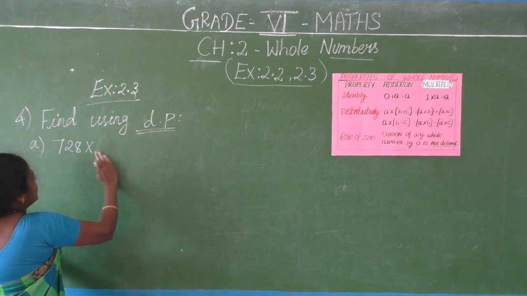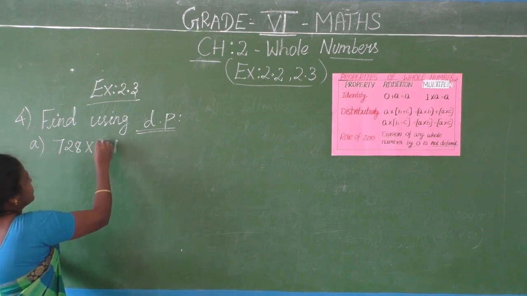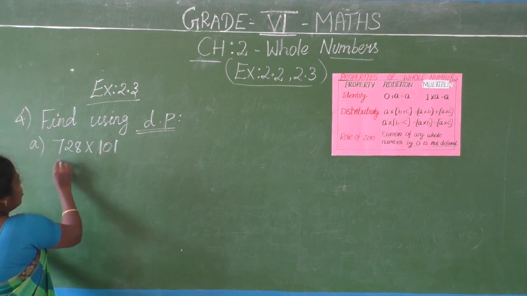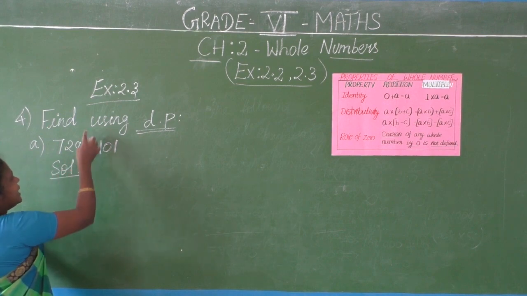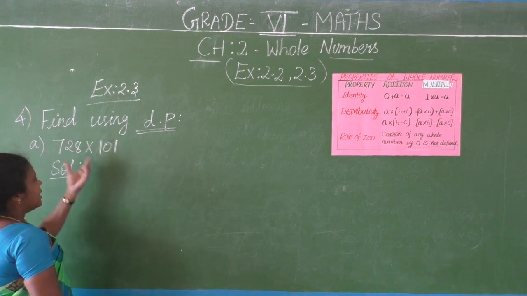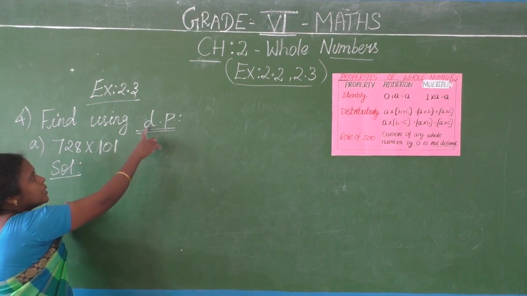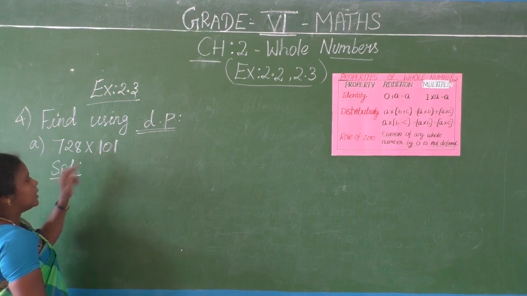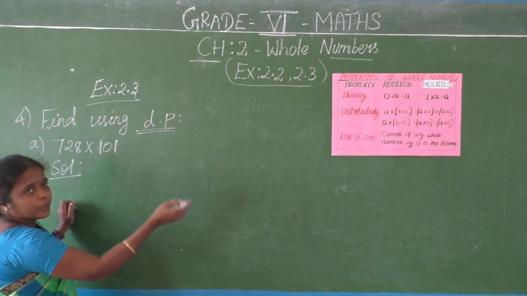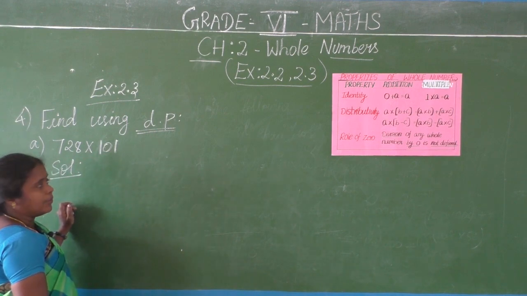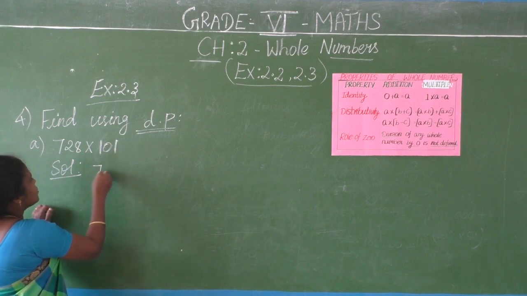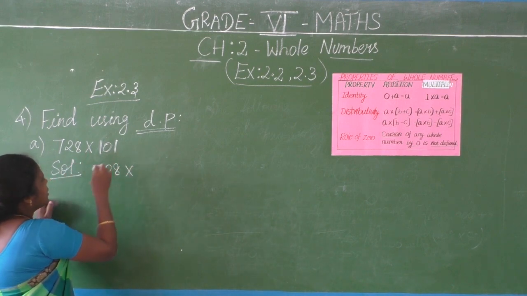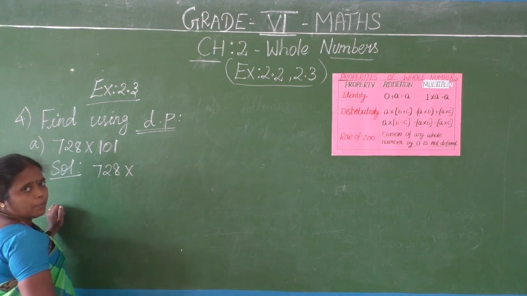What to do? Just watch. Find the answer using distributive property. The question is just normal multiplication, but distributive means two operations must be involved. How? We have to split the question, we have to alter the given question according to that property.